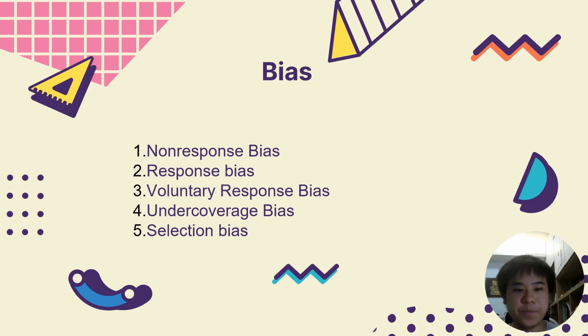Okay. Moving on to voluntary response bias. This arises when the sample consists of individuals who voluntarily choose to participate, which often leads to overrepresentation of strong opinions. What does that mean? Basically, the people who respond are volunteers.